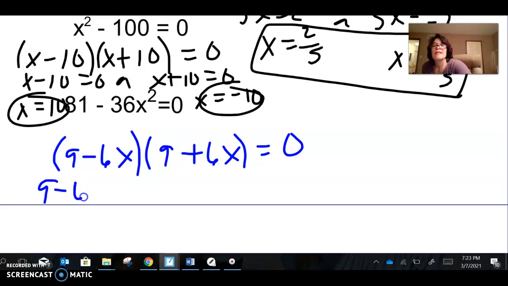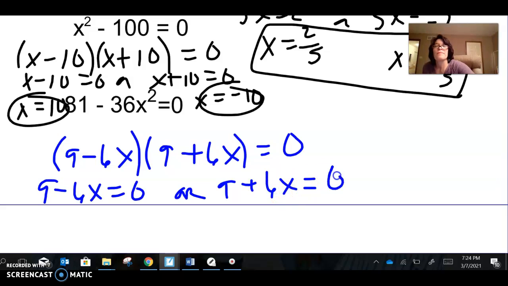So either 9 minus 6x equals 0 or 9 plus 6x equals 0. So negative 6x equals negative 9. X equals negative 9/6, which reduces. 3 can go into each of those.